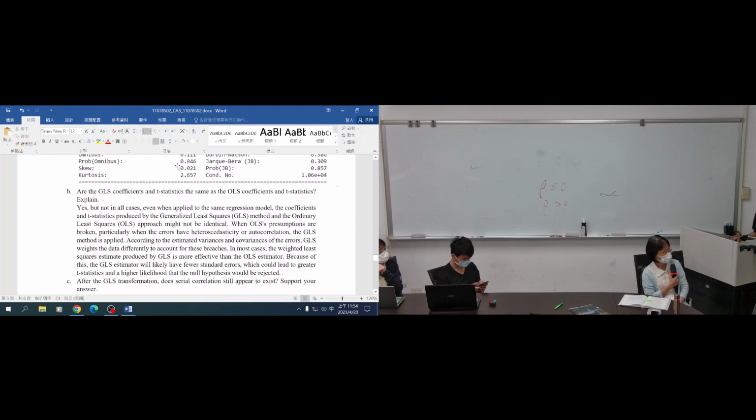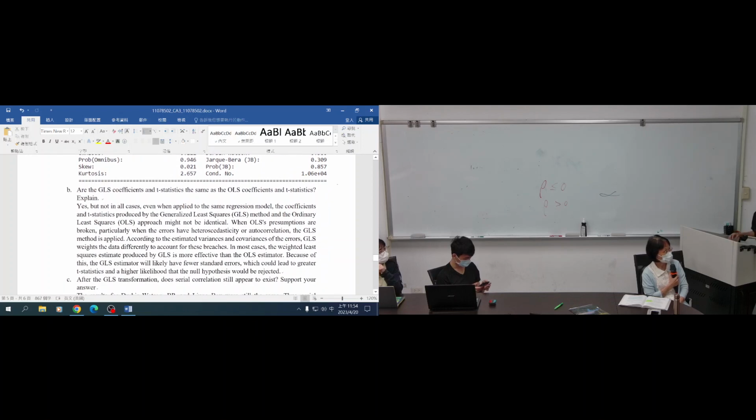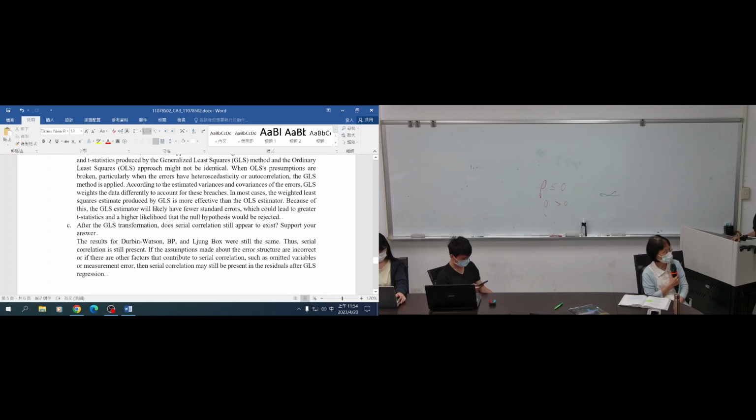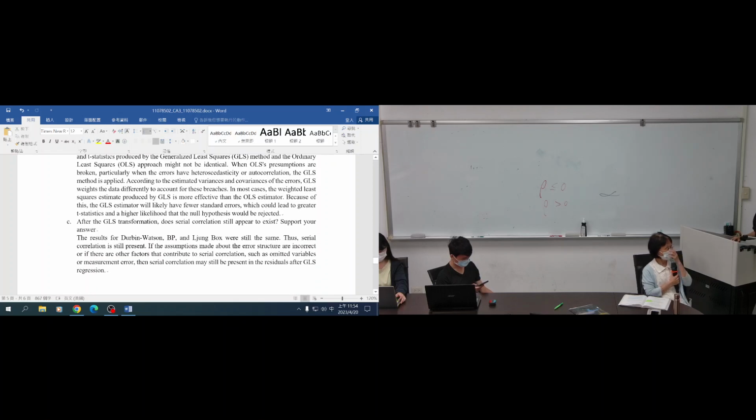Yes, but not in all cases because I got different results. But it shouldn't be identical. And then after the GLS transformation, the serial correlations still appear to exist.